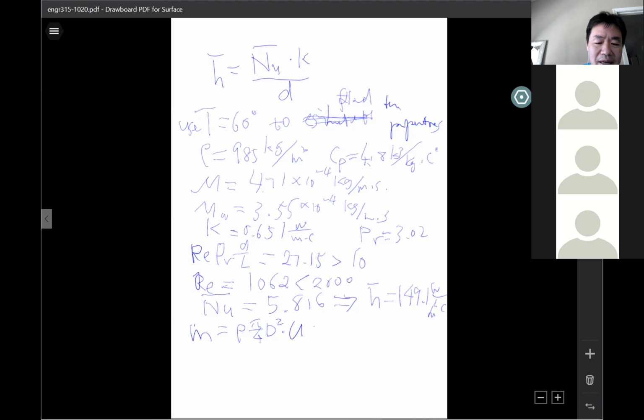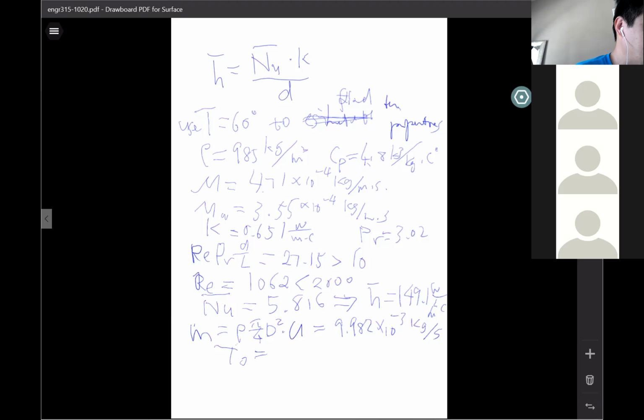I think we have everything here. So the mass flow rate is 9.982 times 10 to the -3 kilogram per second. Now I have everything, so we can calculate the TO, outlet temperature.